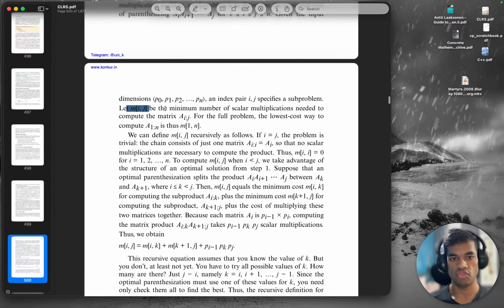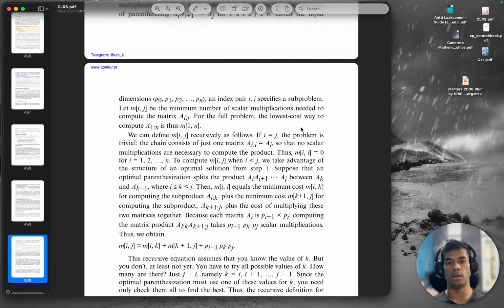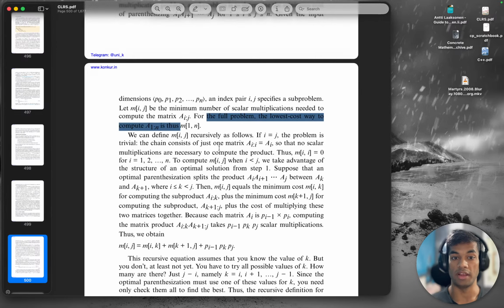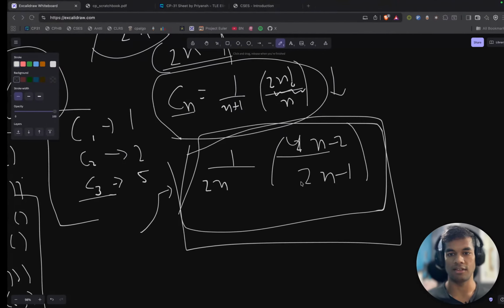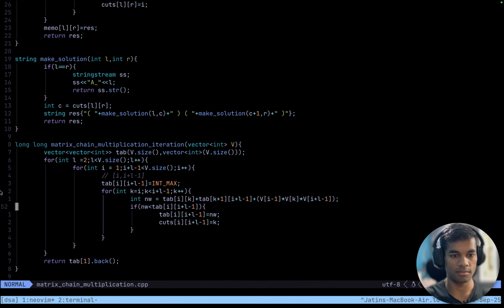Let m[i,j] be the minimum number of scalar multiplications needed to compute matrix aij. For the full problem, the lowest cost way to compute a1 till an is thus m[1,n], and that is absolutely cool because that is exactly what we did here.